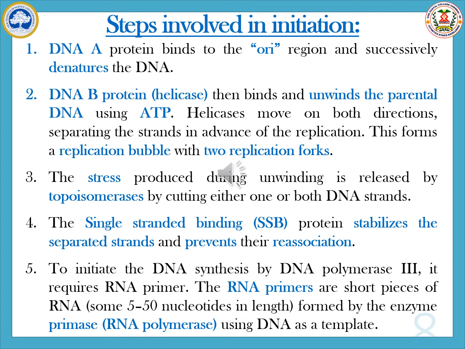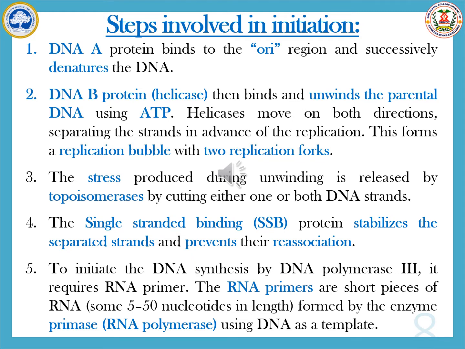In order to initiate the synthesis of DNA, we require DNA polymerase 3. The DNA polymerase 3 in turn requires an RNA primer. The RNA primer is a short piece of RNA, 5 to 50 nucleotides in length, which is synthesized by the enzyme called primase. Primase is otherwise called RNA polymerase.